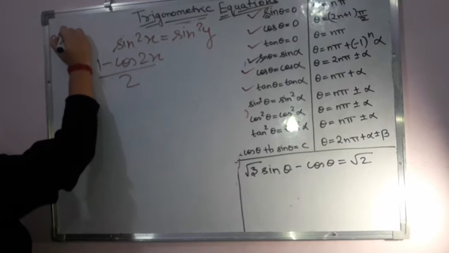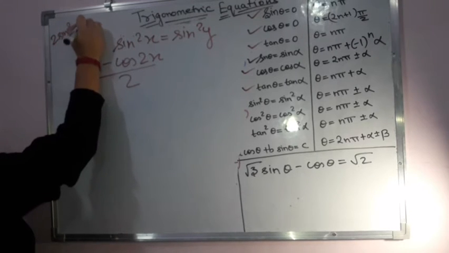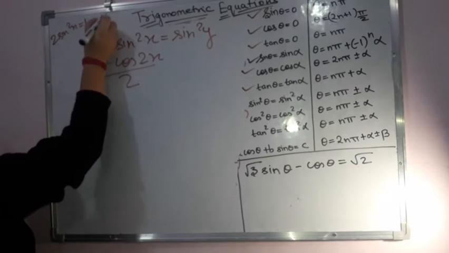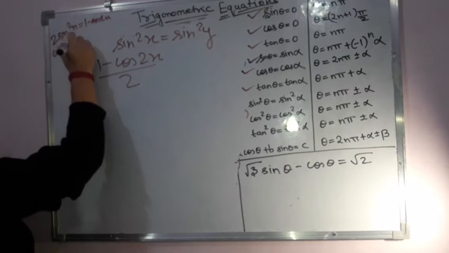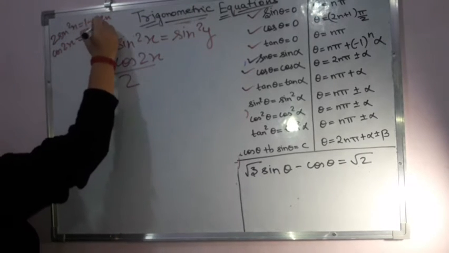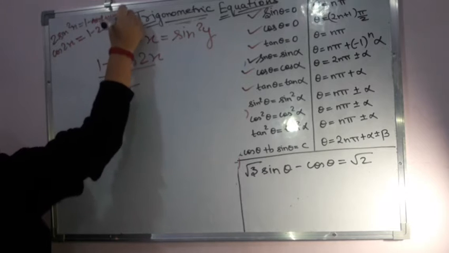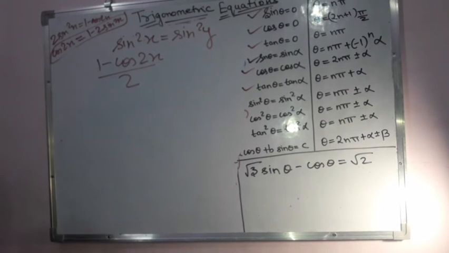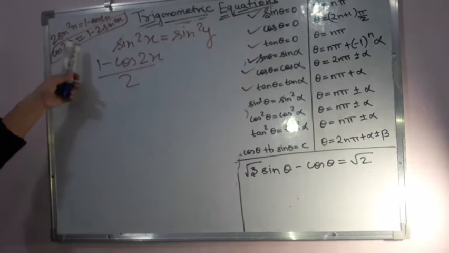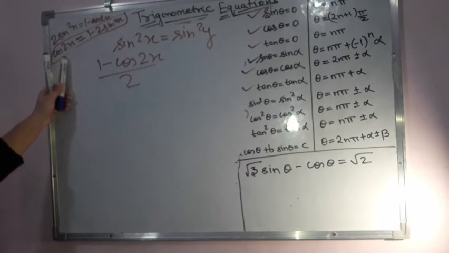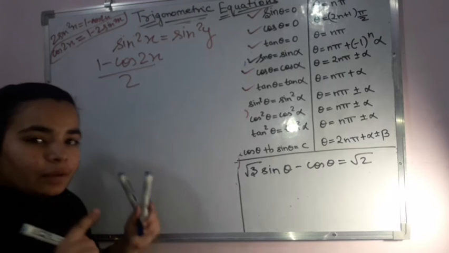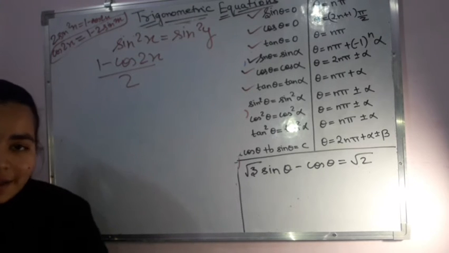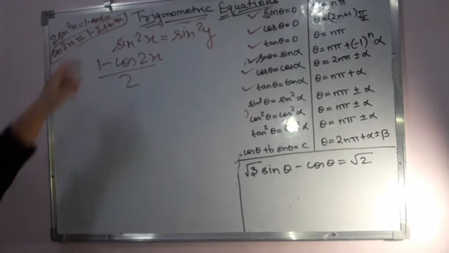That means 2 times sin square theta is equal to 1 minus cos 2 theta. That means because I was having cos 2x, so cos 2 theta is equal to 1 minus 2 sin square theta. This is from where we were getting it. So we reversed our step and we went to this one. If you remember it, we were doing cos 2 theta is equal to, we were also having it as cos square theta minus sin square theta. So from there only you are getting this thing, right?